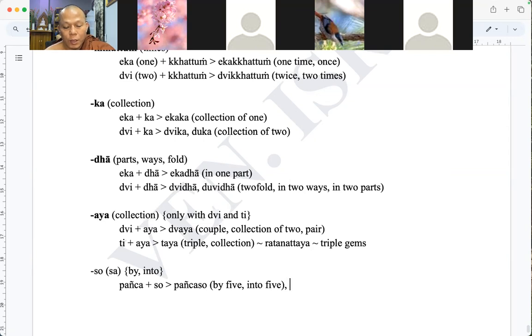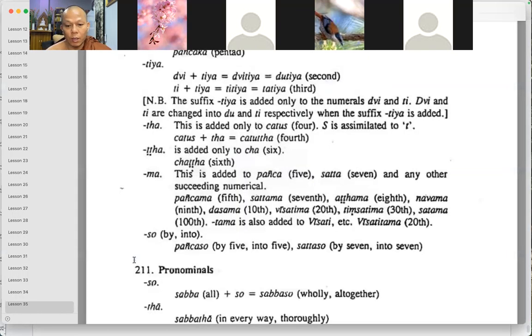Okay, and also the other example is sattaso, by 7 or into 7. In this way only these two are common. By 7 or into 7. Instead of that, like pañcadha, sattadha, in this way.